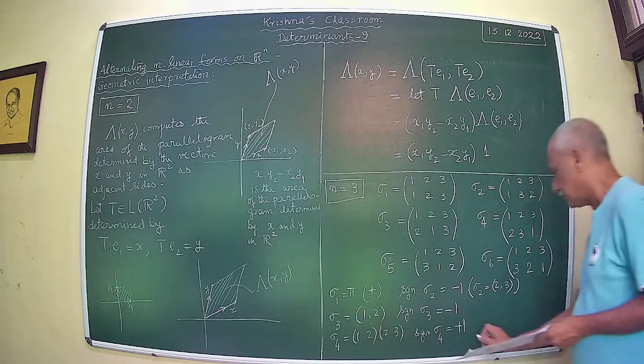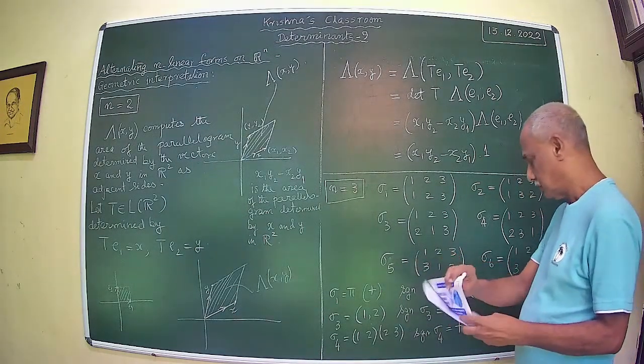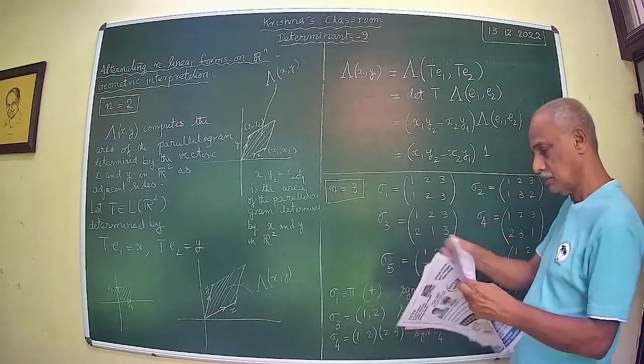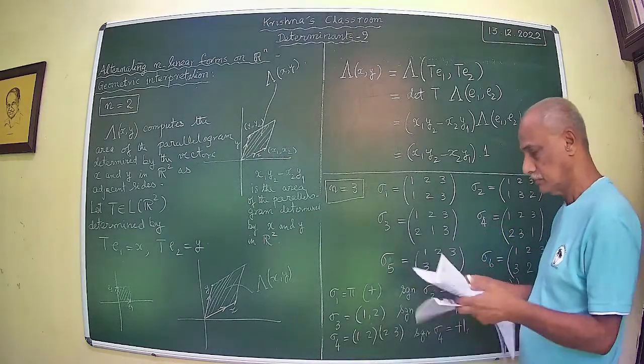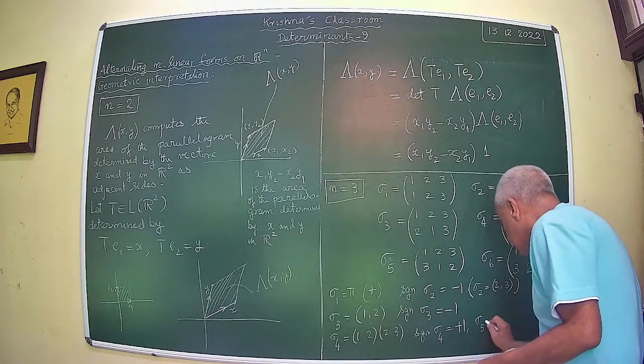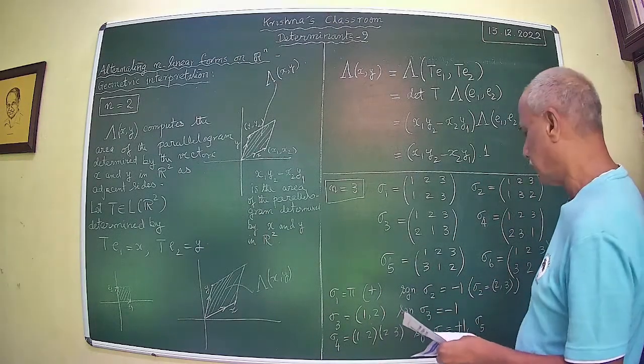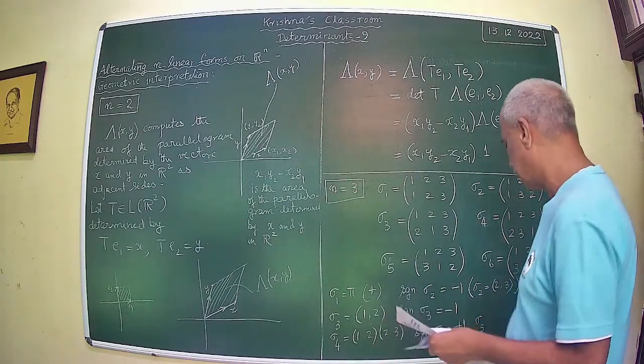Now we have sigma 5. It's an even product of transpositions. That is why the sign is plus 1.